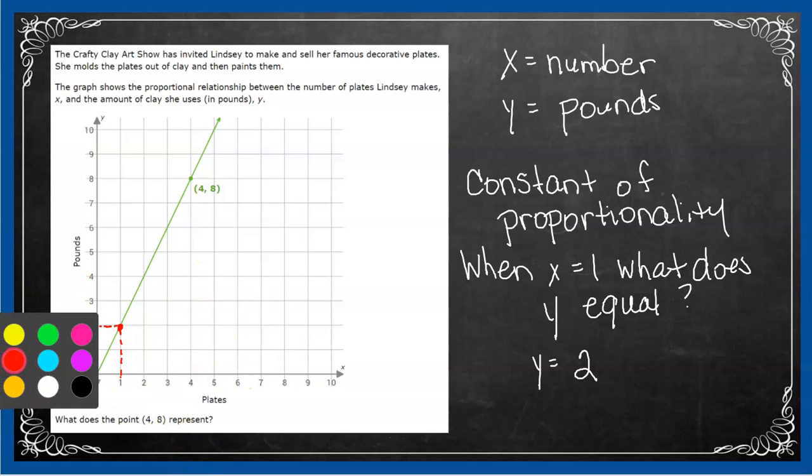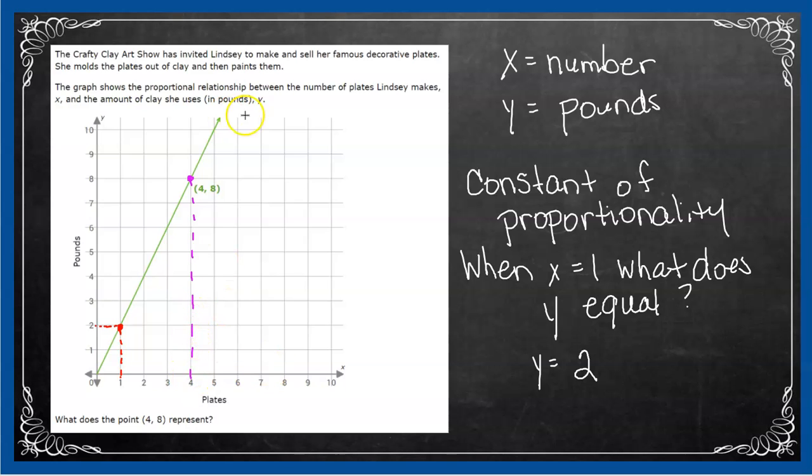But what this is asking us is, what does the 4, 8 represent? Okay, let me grab a different color again. So the 4, 8 right here, you notice that it lines up with x equals 4 and y equals 8. And we remember that our x values are the number of plates that Lindsay makes, and our y values are the number of pounds.